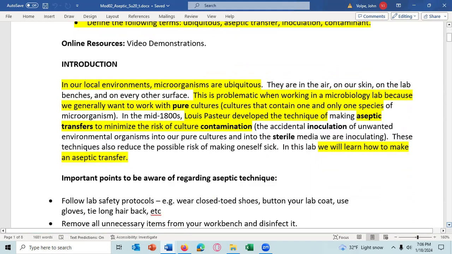The reason for working with a pure culture is this: when you have a result in the tube, like the tube media turned yellow, you want to know, did your species do that or not?